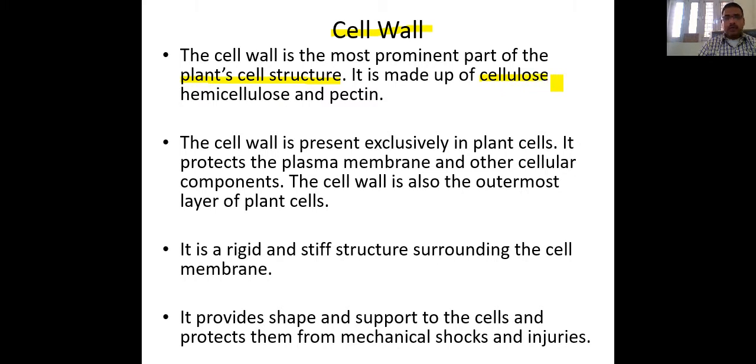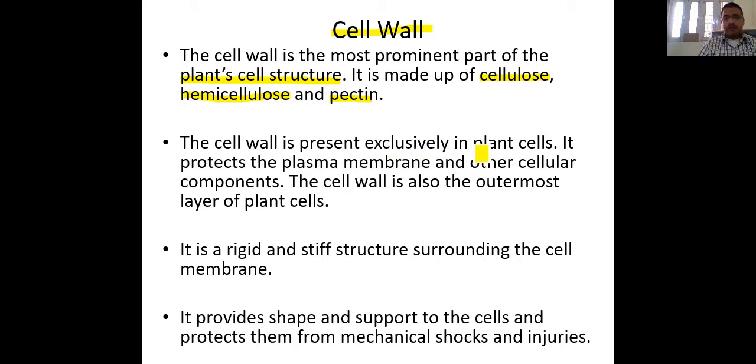This cellulose, hemicellulose, or pectins are the materials by which these walls are developed, and they are developed only in plant structures. Now, the cell wall is present exclusively in plant cells, as already told.